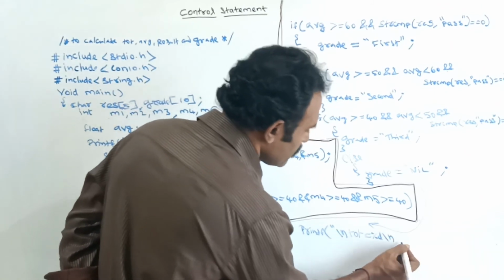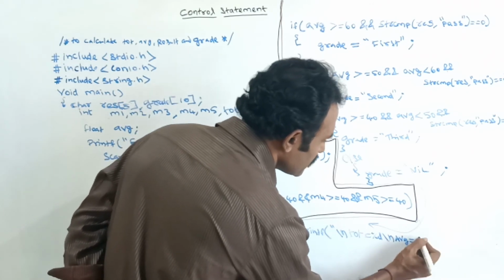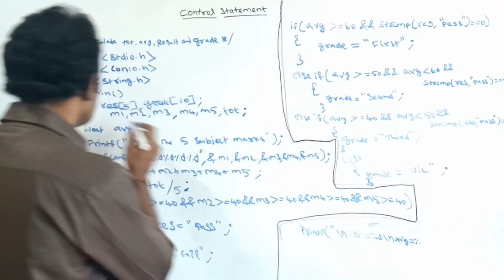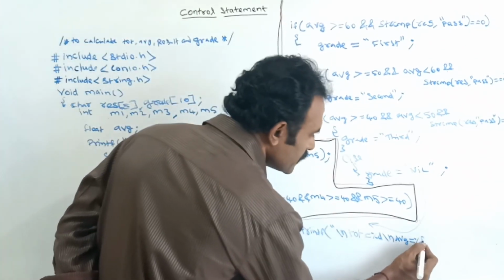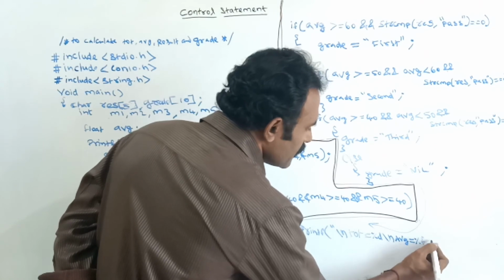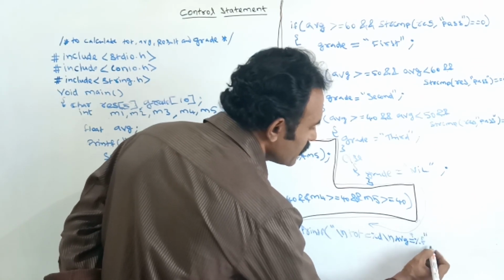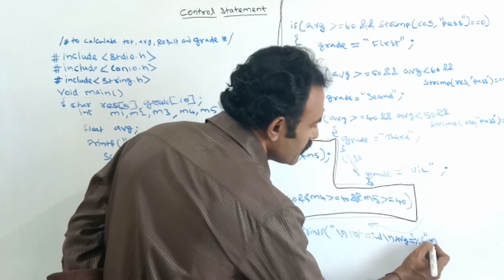After \n we need to print average. Average is equal to, this is float data type, so percentage f here. Next, this percentage f. Next \n.